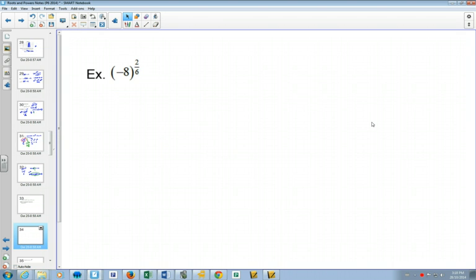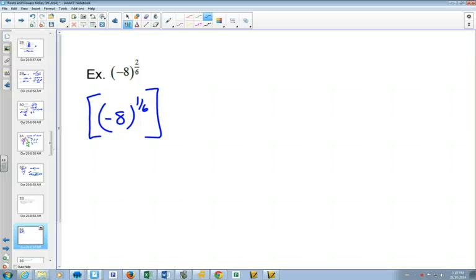Now, there's a reason why in the last slide we said m over n needs to be in lowest terms. And this is a great one for discussion for that. Because if you didn't say it had to be in the lowest terms, and you just went about the technique, you would go -8 to the 1/6 first, right? And then squared.